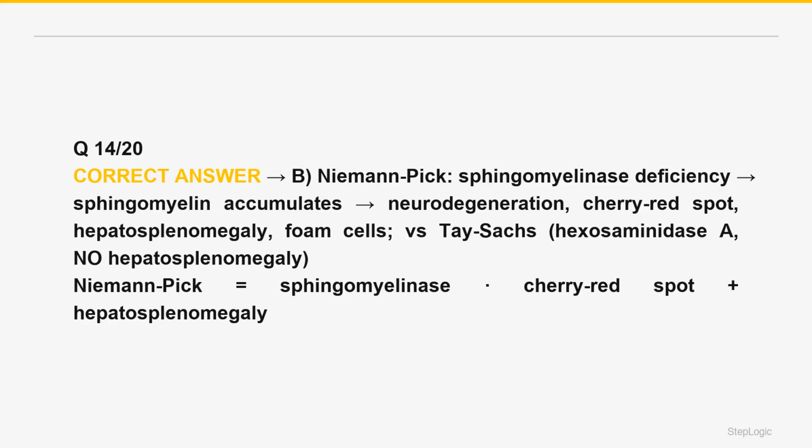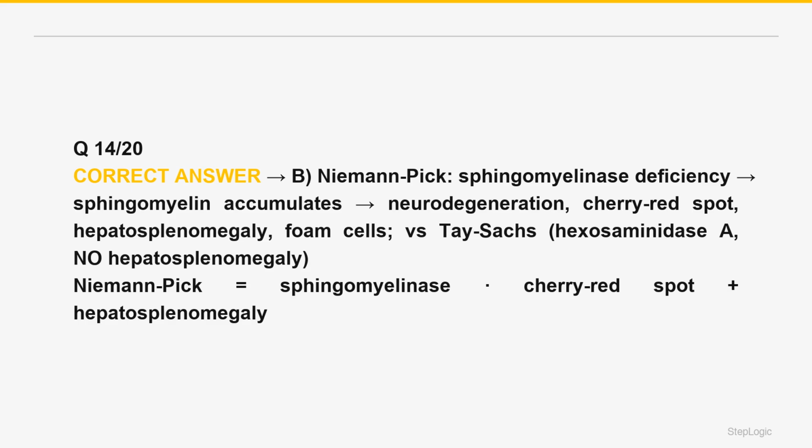The high-yield distinction is from Tay-Sachs disease, its cherry red spot cousin. Both cause a macular cherry red spot and neurodegeneration in Ashkenazi infants, but the discriminator is organomegaly. Niemann-Pick has hepatosplenomegaly and foam cells, whereas Tay-Sachs does not have hepatosplenomegaly. Tay-Sachs is a hexosaminidase A deficiency with GM2 ganglioside accumulation and features an exaggerated startle hyperreflex.